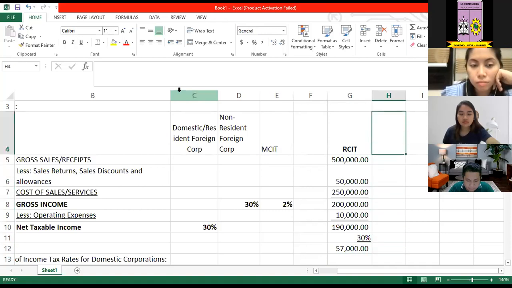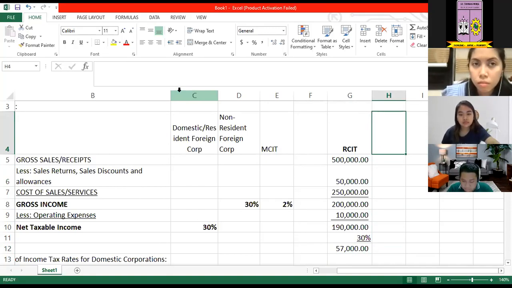Pero, sabi ng batas, kailangan nating i-compare yan sa minimum corporate income tax. Yun na nga, yung purpose ng MCIT is para maiwasan yung under-declaration of income. Para ma-sure talaga na merong makolek yung government. Kasi yung ibang mga taxpayers, hindi nila dinideclare.